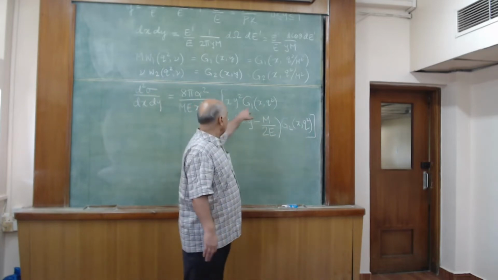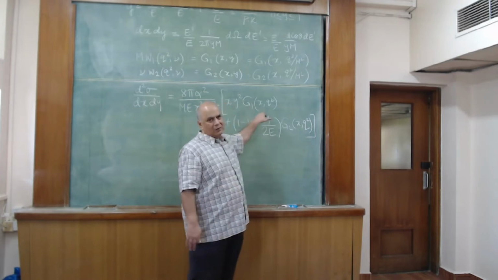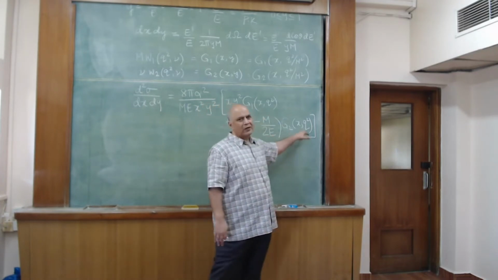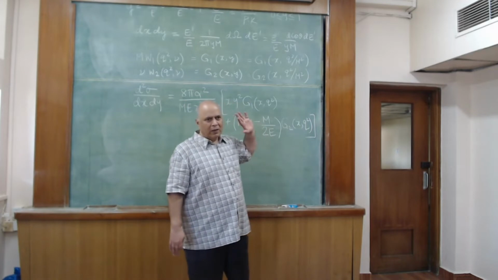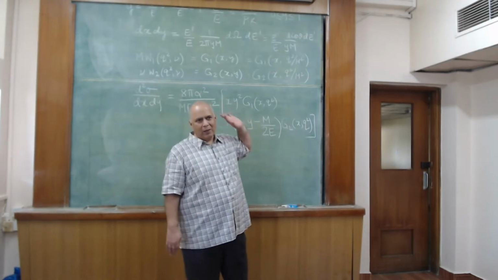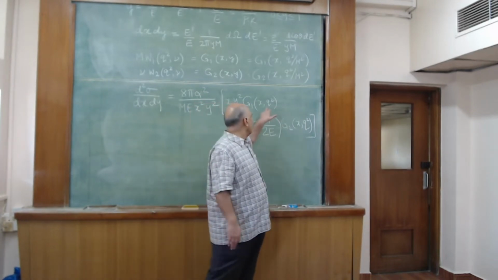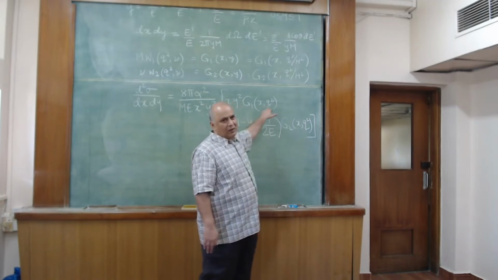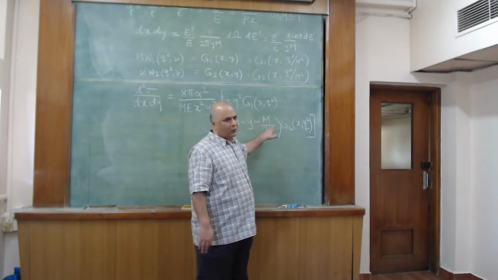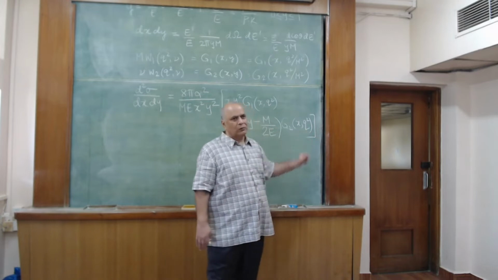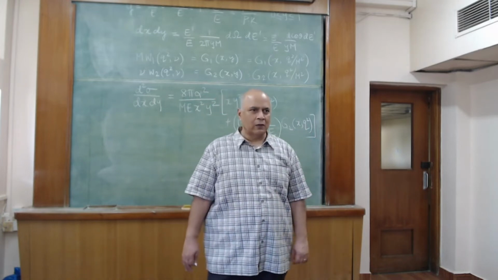But strictly speaking, I should have written g1 of x comma y and g2 of x comma y, but I have something at the back of my mind, so that is why I am writing this g1 as a function of x comma q square and this g2 also as a function of x comma q square.